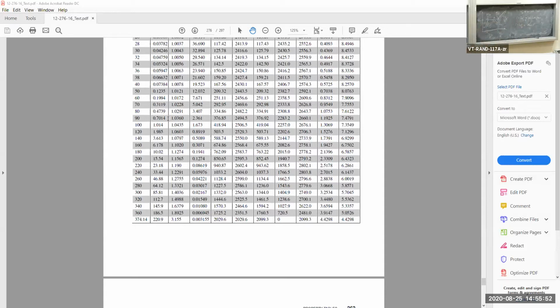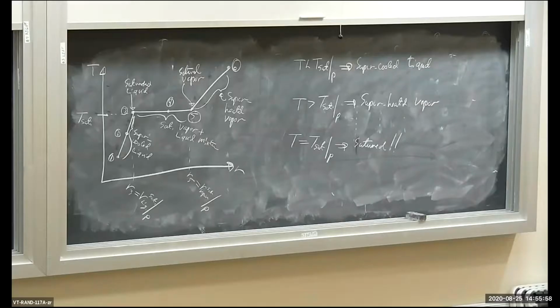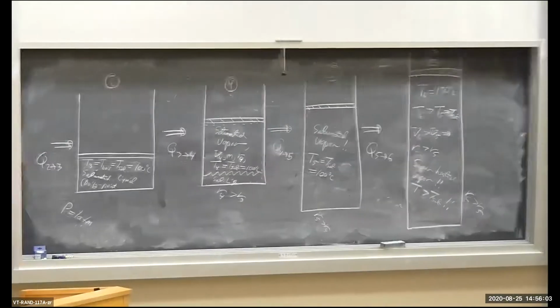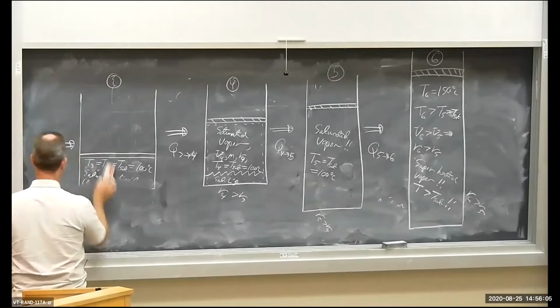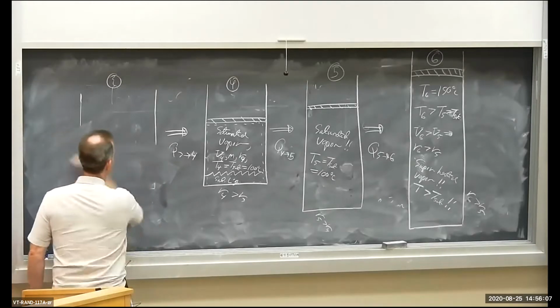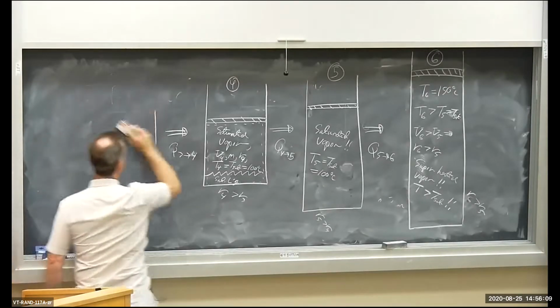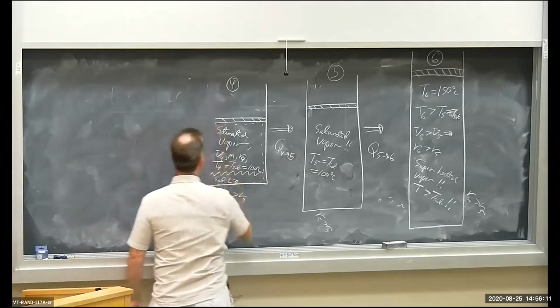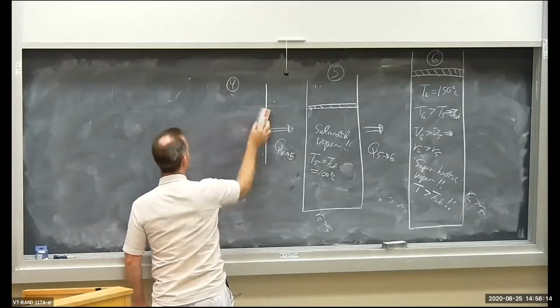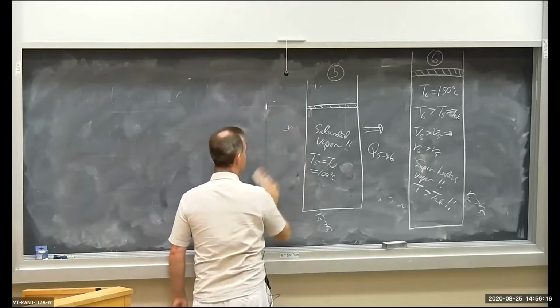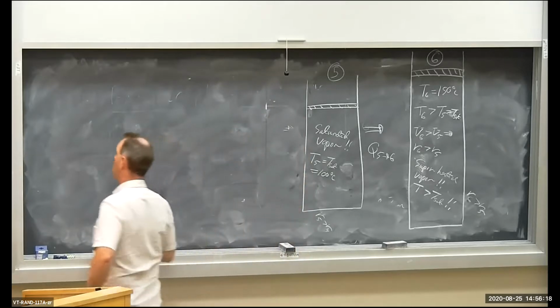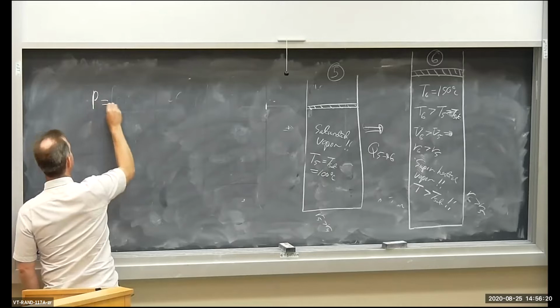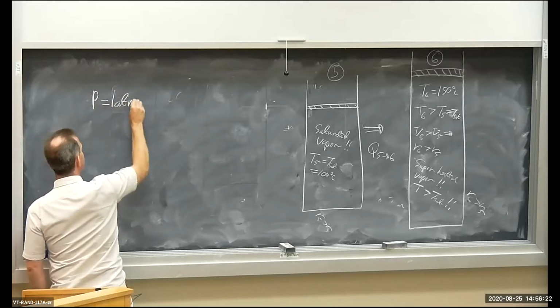So let's put some numbers in here. Let's say we are at 1 atmosphere. Let's use these tables to look up the boiling temperature or saturation temperature of water. So pressure equals 1 atmosphere.